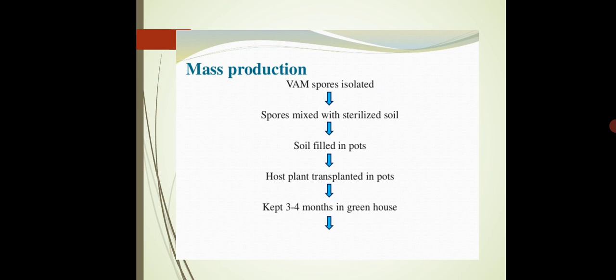Second is endomycorrhiza. These are the fungi that penetrate into the root cortex and form arbuscules within the root cells. So VAM is an endomycorrhiza.